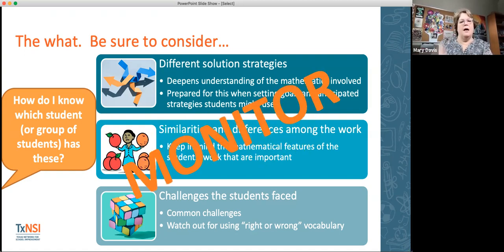You have to be up and walking around the room, asking students questions and figuring out exactly what they're thinking and what they're putting down on their paper and what they can share. And you're taking notes the whole time. Sally says this, Xavier says that, whatever the case may be as you're walking around the room.